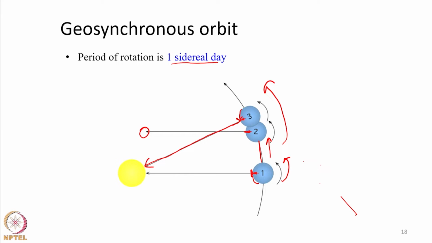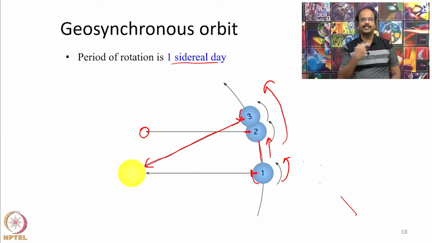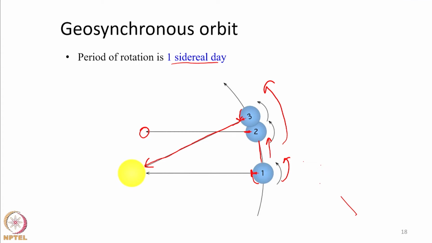So, the time period taken for Earth to complete one full rotation with respect to the Sun is 24 hours. From this we can infer that the time taken for Earth to complete one full rotation around itself is less than the time taken to complete one full rotation with respect to the Sun. This happens because Earth is not only spinning around its axis, it is also revolving around the Sun.